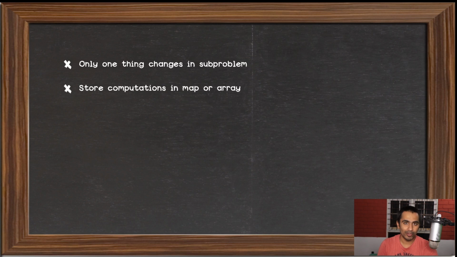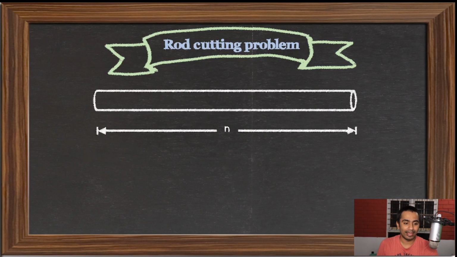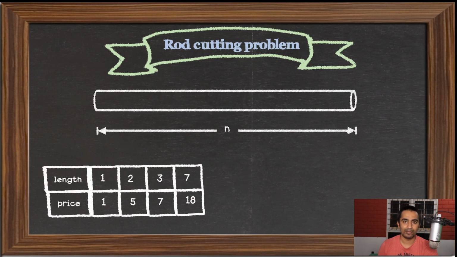Now, how do we actually do this, and how do we analyze if a particular problem belongs to single variable substructure? We will look at that using the rod cutting problem. In the rod cutting problem, we have a rod of length n, and a chart of different length to price mappings.